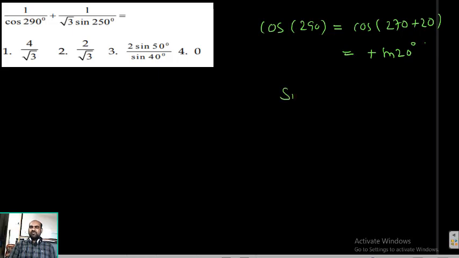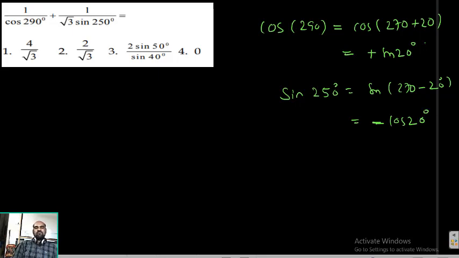Next sin 250, that is sin of 270 minus 20. 270 minus 20 is in the third quadrant, sin is negative, and 3 into 90 is an odd multiple, so cos 20.